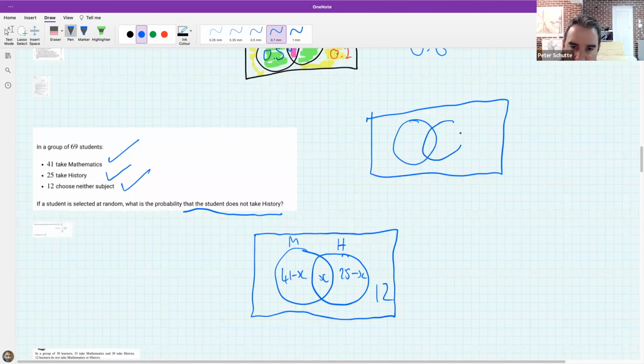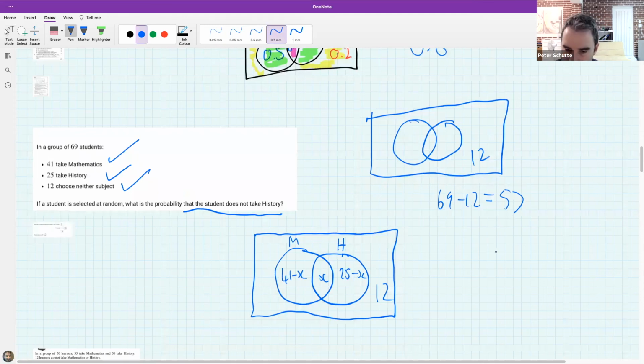Or what I would do is say, I know that if there's 12 outside, how many should be inside? 69 minus 12 is going to be 57. And at the moment, if I add them together, 41 plus 25 is 66.